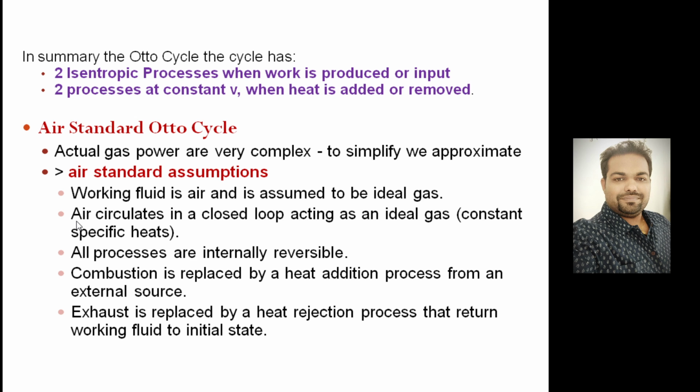The second assumption is that air circulates in a closed loop, acting as an ideal gas whose specific heat is constant. All processes are internally reversible. The next assumption is that combustion is replaced by a heat addition process from an external source. And the last one is that exhaust is replaced by a heat rejection process that returns the working fluid to the initial state.